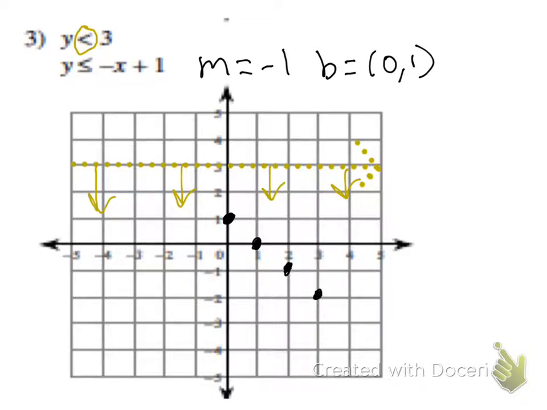This time I'll have a solid line because it is less than or equal to. So I have my line. Again, because this is less than, I will shade below my line.